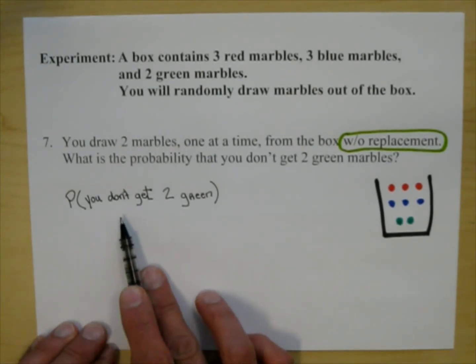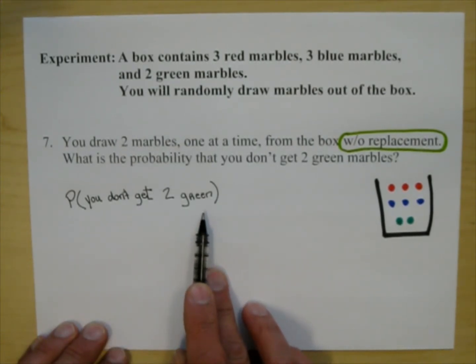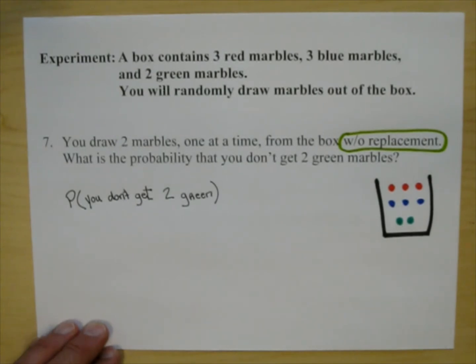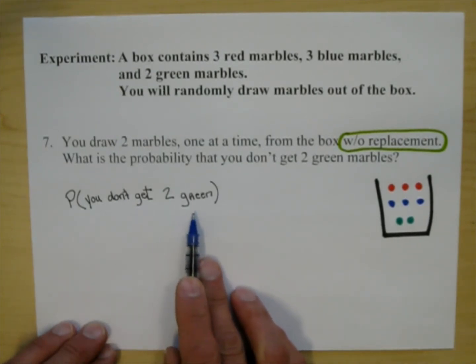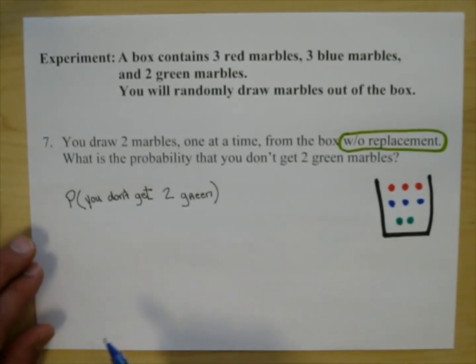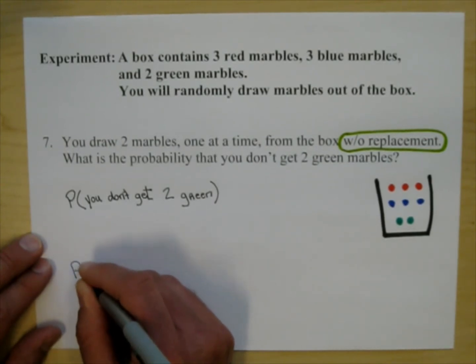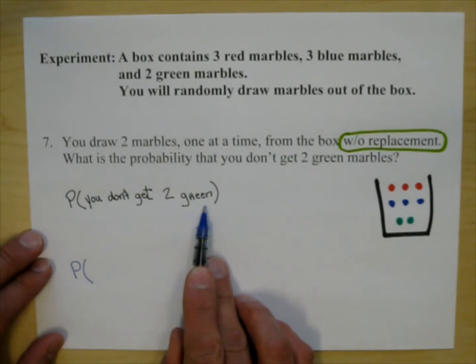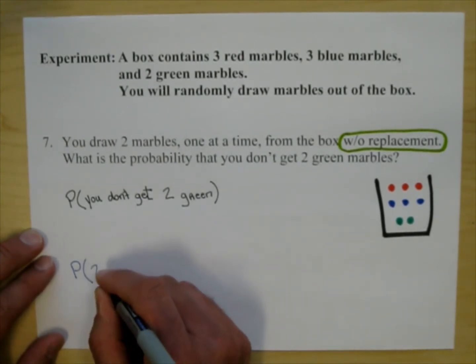So that's what makes this problem more challenging than problems from the past. So what we're going to do is we're going to consider the complementary event. And so I'll write this in blue. What is the negation of you don't get 2 green? You do get 2 green, or we'll just say 2 greens.